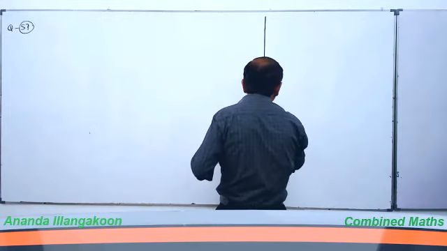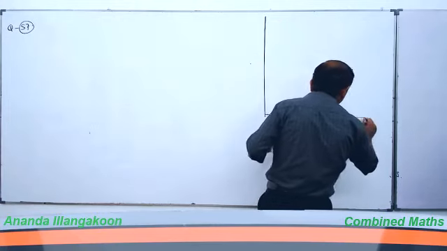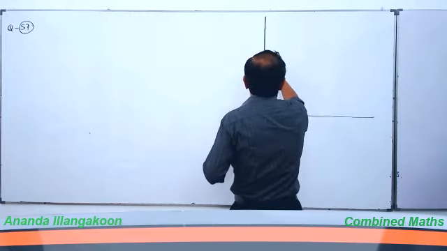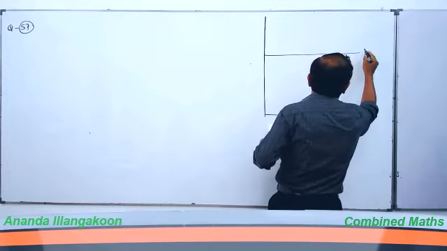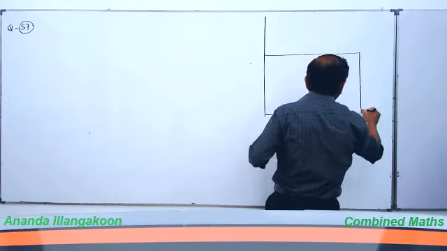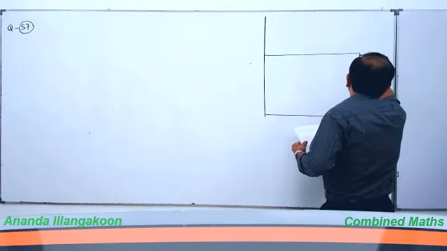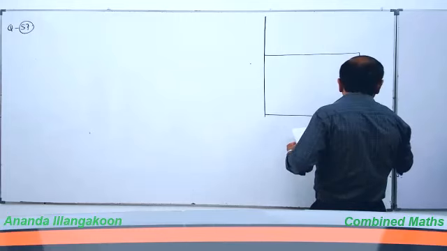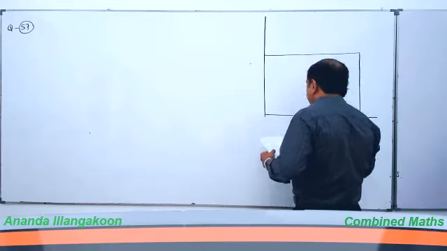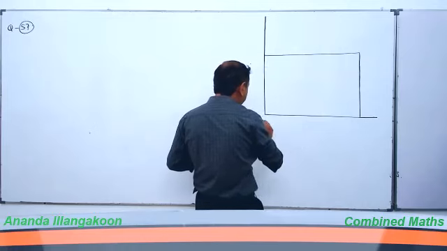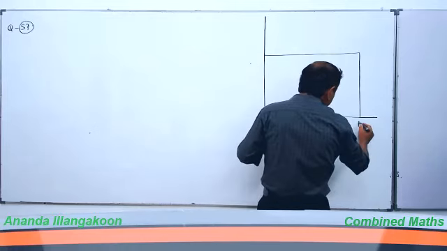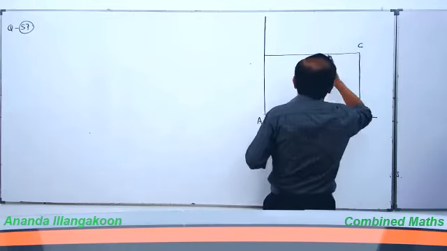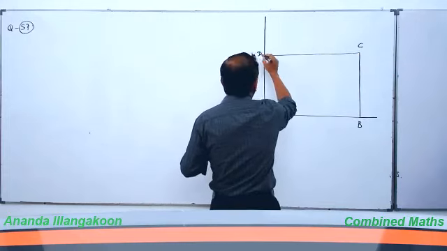It's a rectangle ABCD. I'll take this as our A, this as our B, this as our C, this as our D.